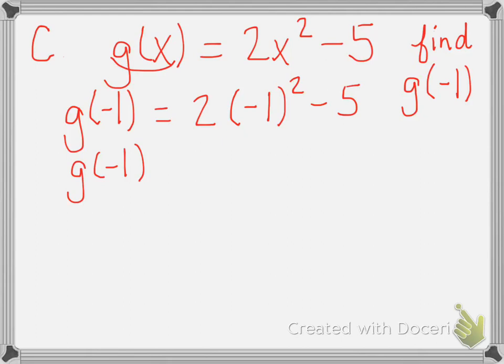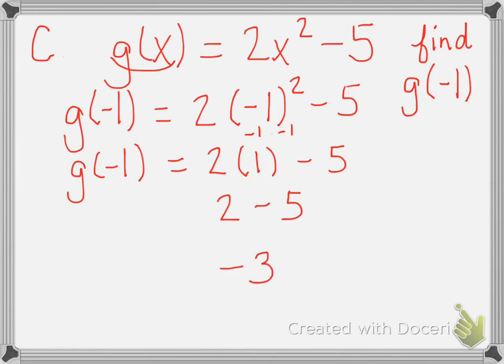It's just kind of like saying what is y, is equal to 2, a negative 1 times a negative 1 is equal to 1, minus 5. Then our next level of order of operations is multiplying. So 2 times 1 is 2, minus 5. And then 2 minus 5 gives us a negative 3.